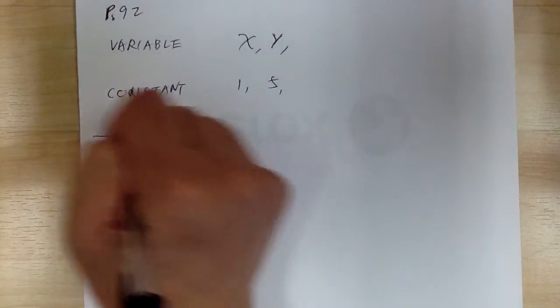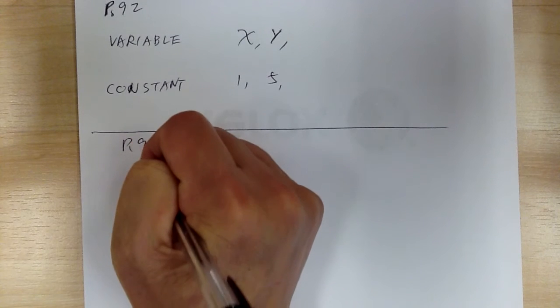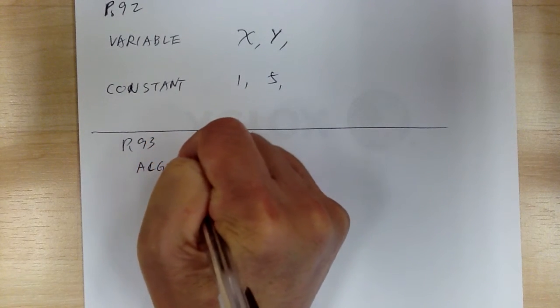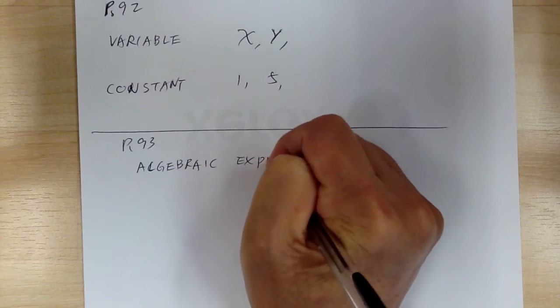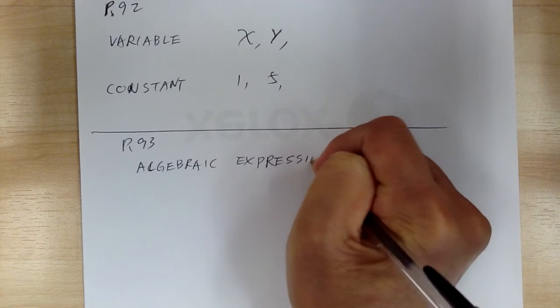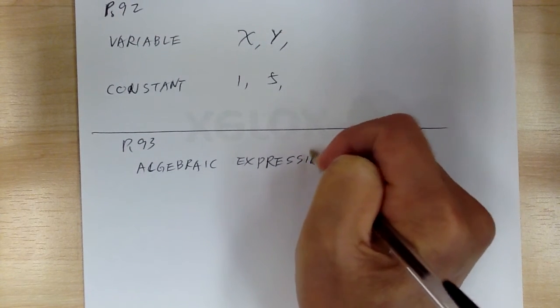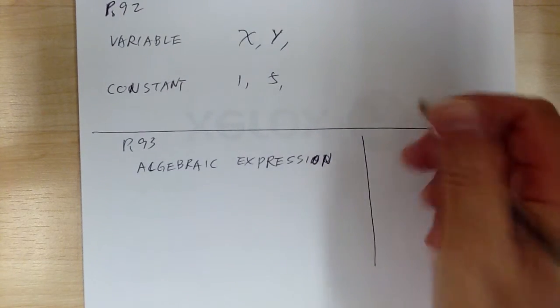On page 93, the next term is algebraic expression. Okay, now expression means it does not have an equal sign, versus an equation.